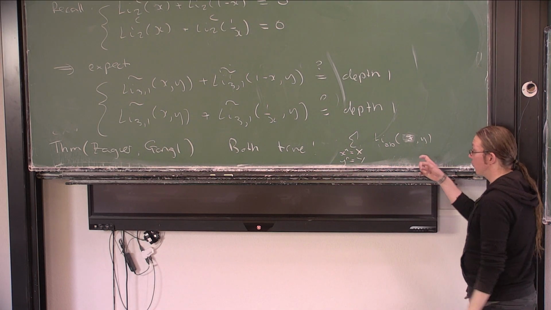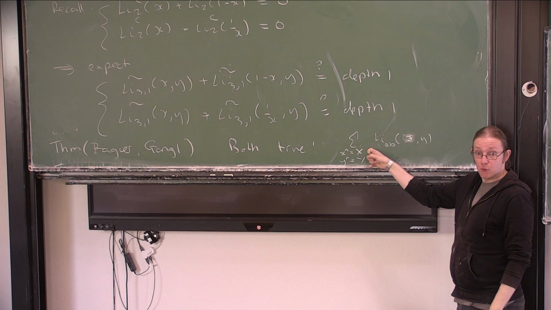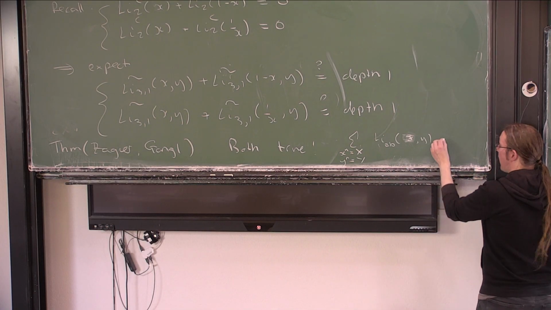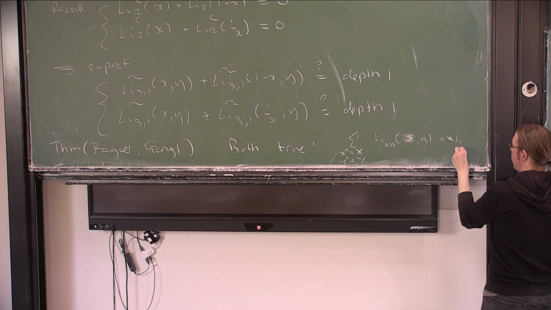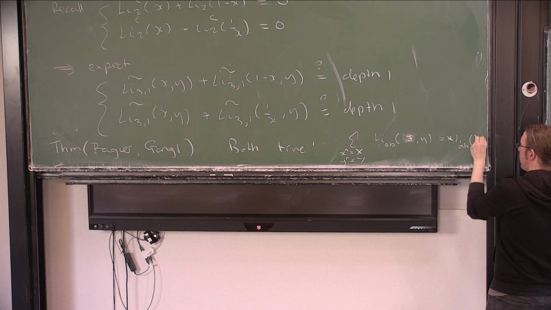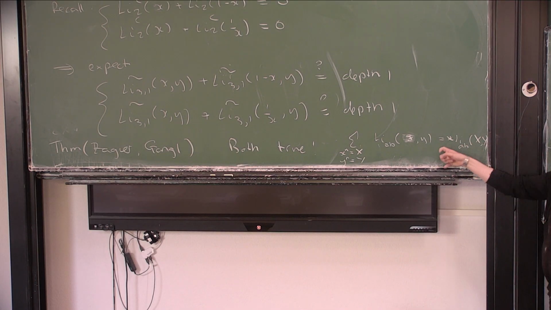You sum over all choices of roots of some capital X and capital Y, and you get, I can never remember what the coefficient is, but then you get some multiple of the function evaluated at capital X, capital Y. So you could maybe think of that as some depth reduction if you move everything to the other side and say it reduces to depth 0, but no, it's really nothing to do with that.